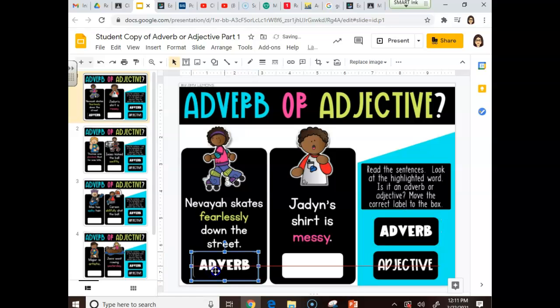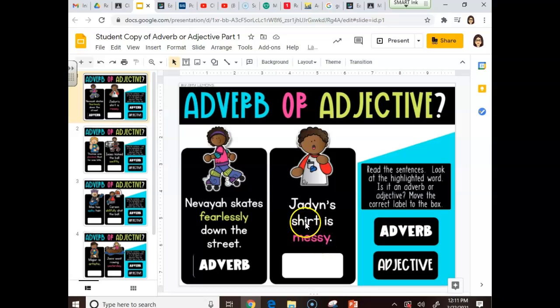But let's look at the next one and make sure it is an adjective. Jaden's shirt is messy. What does the word messy describe? The shirt. Look at the shirt. What does it have on it? A mess.